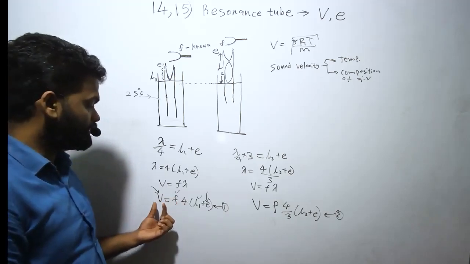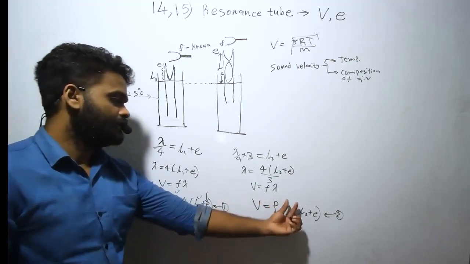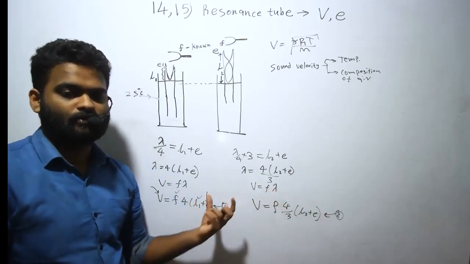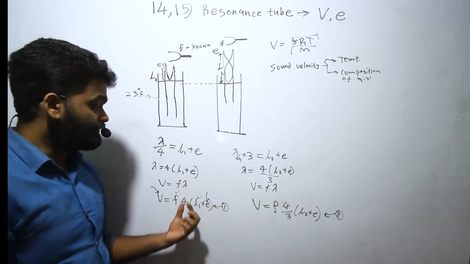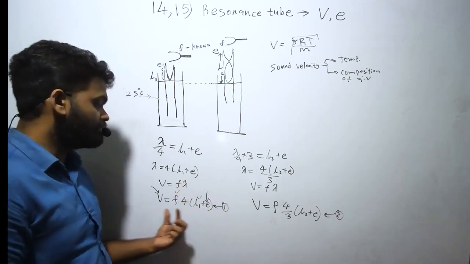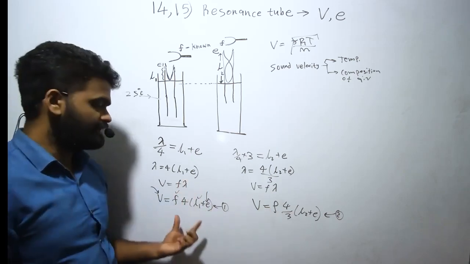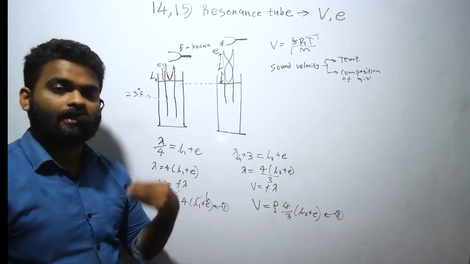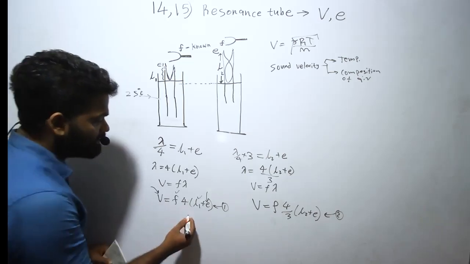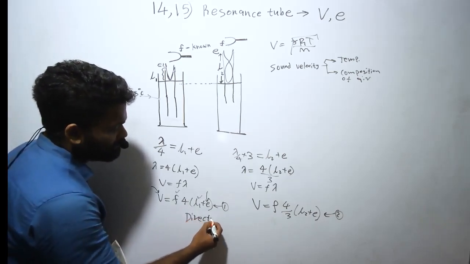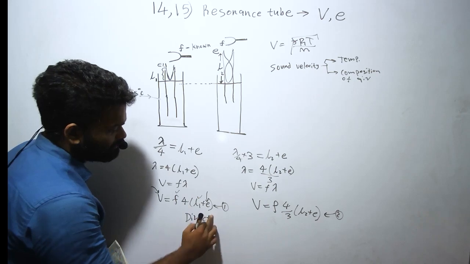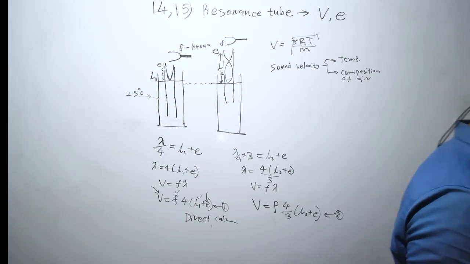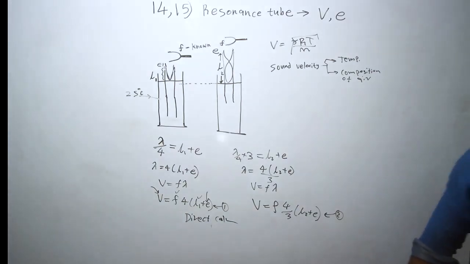If you want to find velocity, you need to get rid of the end correction from both. I'm not going to explain how to simplify this. If you need the end correction, you can equate equations 1 and 2 and find the end correction. So this is a direct calculation, not a graphical method. Okay, take this down.